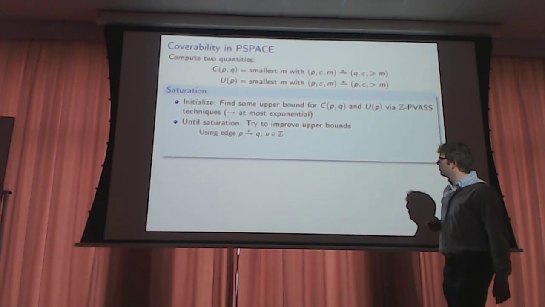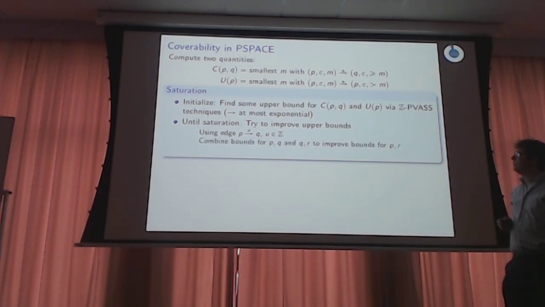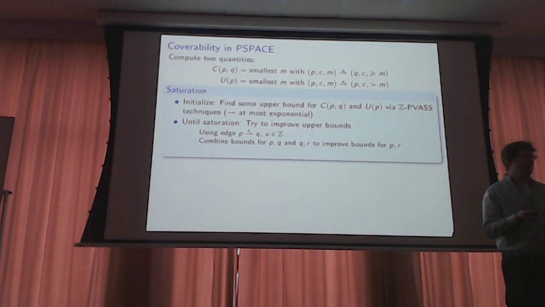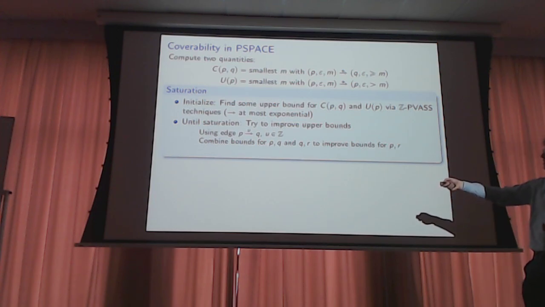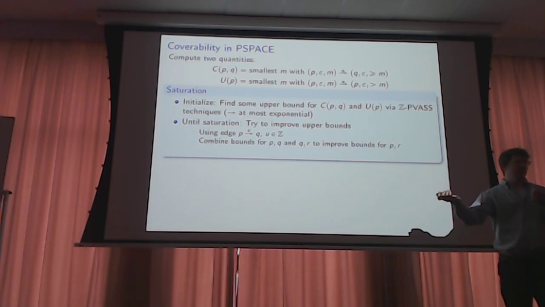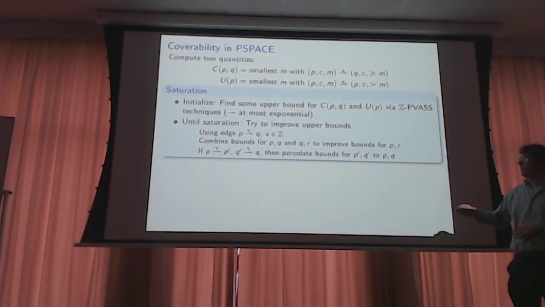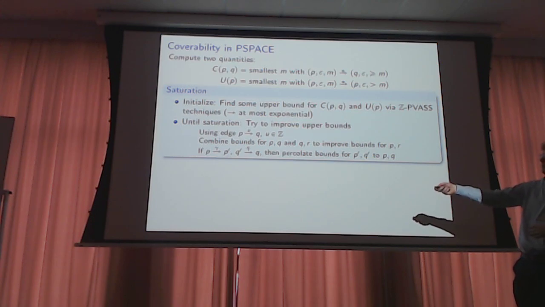And you try to improve in the following way. Either you find a new edge, then that gives you a new upper bound, of course. Or you combine runs, as we've seen for the saturation invariants, right? If you find a run from P to Q and one from Q to R, then that gives you new bounds for P to R, and so on. And the same with pushes, same idea. If you have bounds from P prime to Q prime, then you percolate those bounds to Q.